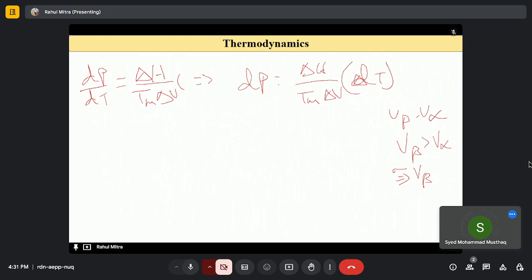Then this dP will be the change in pressure, and we know that the change in pressure is 2 gamma by R, that is equal to delta H by Tm V beta times T minus Tm.